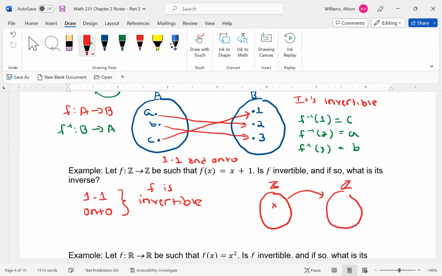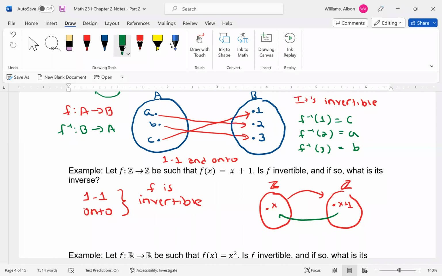If x is over here, it gets mapped to x plus 1. So whatever x is, it's always going to be plus 1. If I want to go the reverse direction, I want to start with something here. How do I get it back to this? Well, I'd need to subtract 1 to get it back to that.